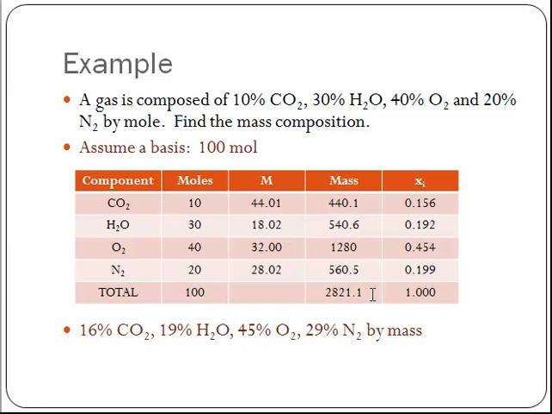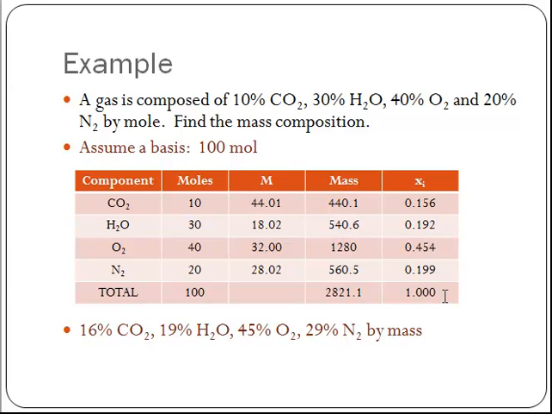To get to a mass fraction, I'll take the mass of any given substance divided by the total mass. So 440 divided by 2821 is 0.156. 540.6 divided by 2821.1 is 0.192, and so forth.